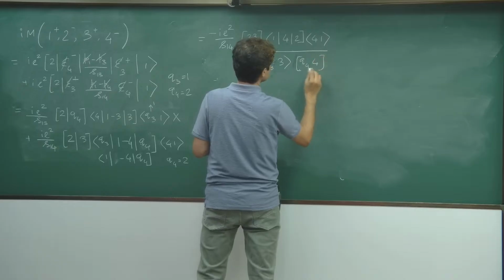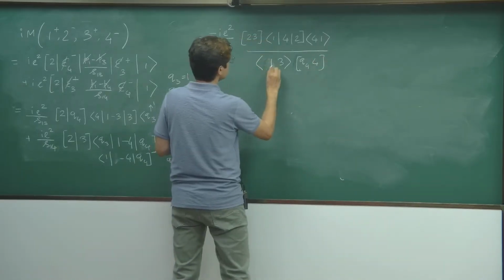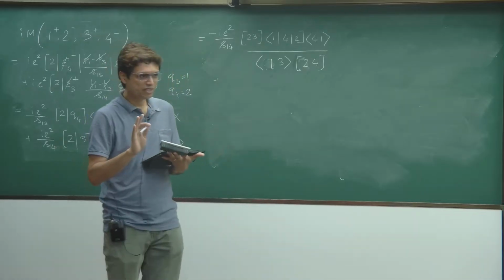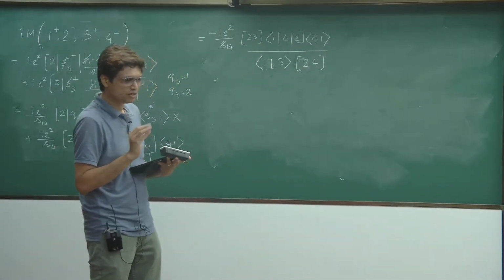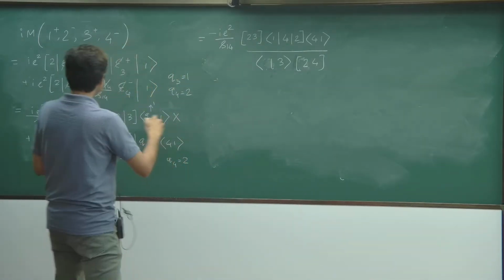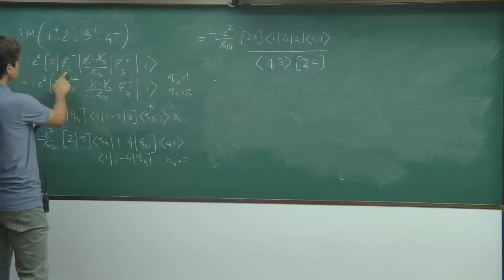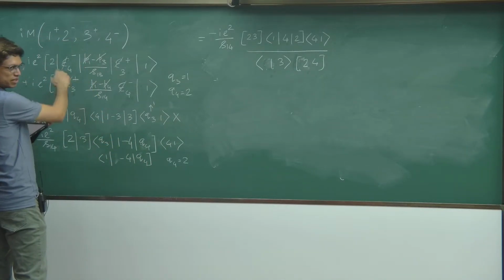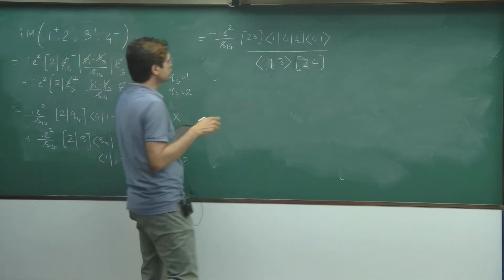Now Q3 is equal to 1 and Q4 is equal to 2, right? Do you get it? No? These are coming from this definition of polarization. There was a term in the denominator that I forgot to put.